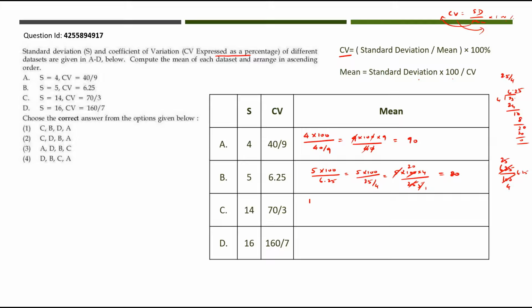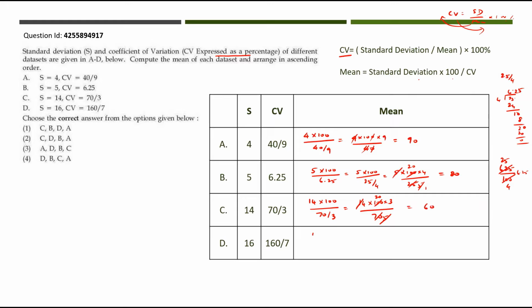We have standard deviation 14 into 100 divided by 70 by 3. This can be written as 14 into 100 into 3. The denominator of the denominator is getting into the numerator with 70. What is 14 5s? It is 70 and 5 will get cancelled with 100 for 20. 20 into 3 will give a value of 60.